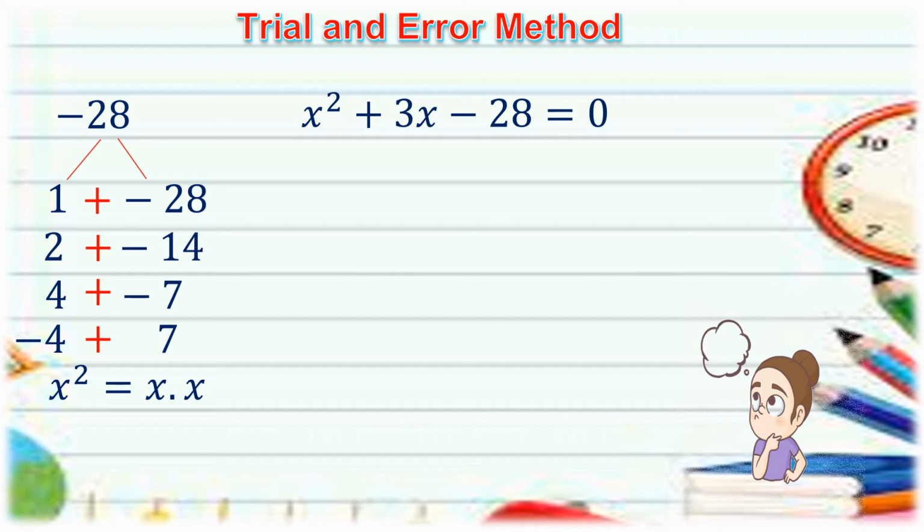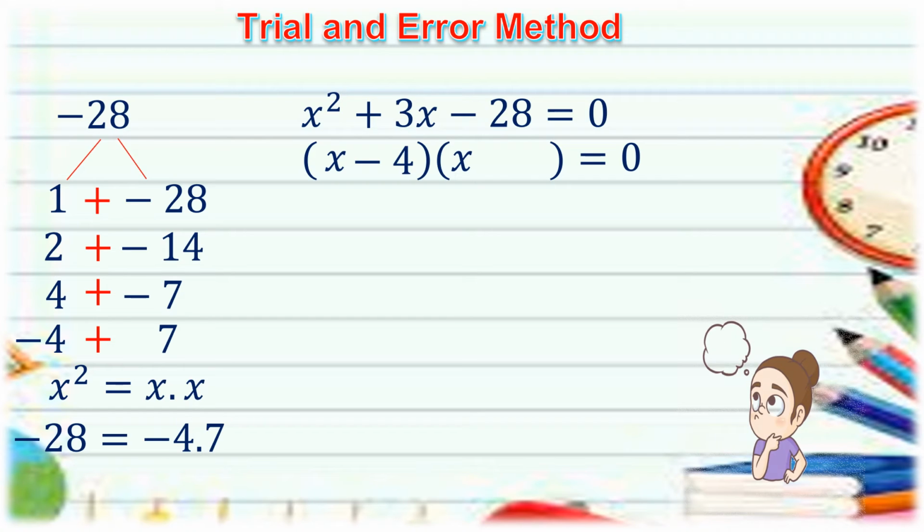So remember that x squared is equal to x times x, and we will be getting the factors of negative 28, which are negative 4 and 7. So we are going to position your x and your minus 4 and plus 7. Whatever the position of negative 4 and plus 7, it doesn't matter as long as the sign is there, okay?